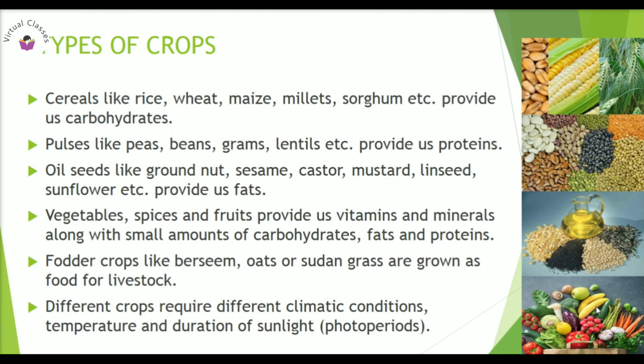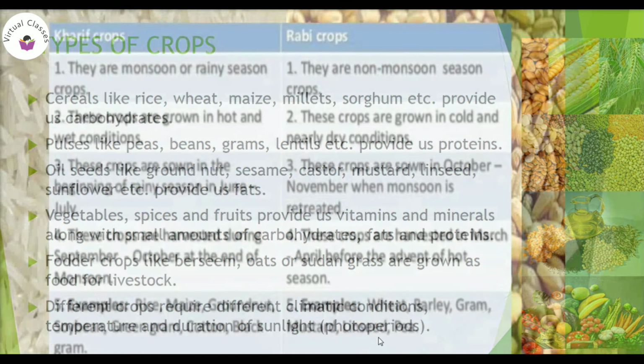Vegetables, spices, and fruits provide us vitamins and minerals along with small amounts of carbohydrates, fats, and proteins. Fodder crops like berseem, oats, etc. are grown as food for livestock. Different crops require different climatic conditions, temperature, and duration of sunlight, which is called as photoperiods.